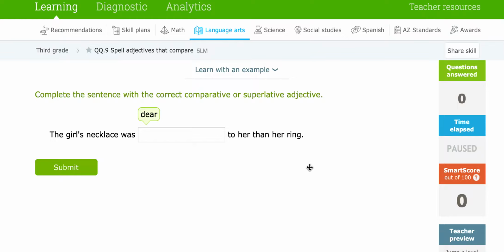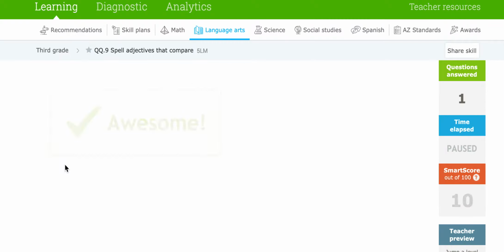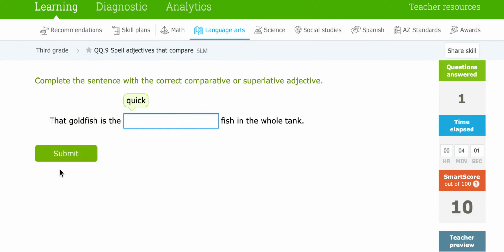So if I look back at my notes, I know that two things means I just add ER. Dearer. And then after I press submit, I'm going to read it to see if it makes sense. The girl's necklace was dearer to her than her ring. There we go.